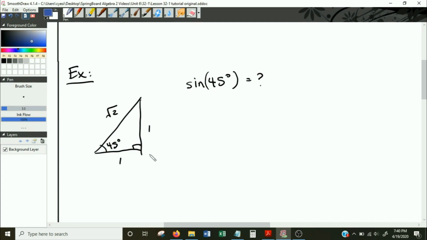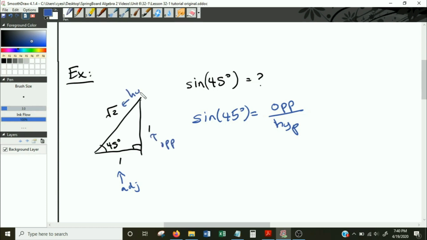So I have to first identify what is opposite and what is hypotenuse, right? So sine of 45 degrees is going to be equal to the opposite over the hypotenuse in this triangle. And here, this is the adjacent, this is the opposite of that 45 degrees, and this is the hypotenuse. So what I'm going to get is that this is equal to 1 over root 2.